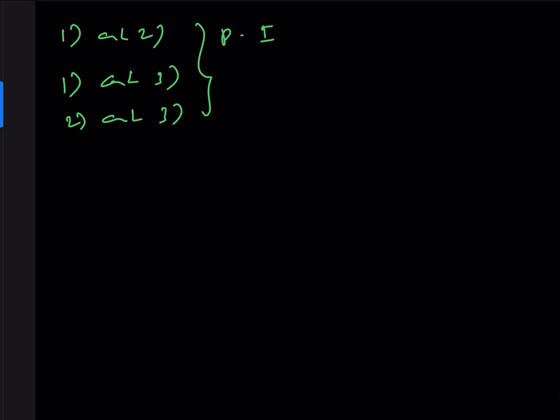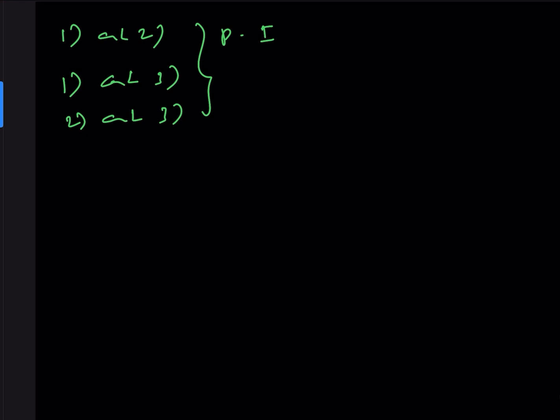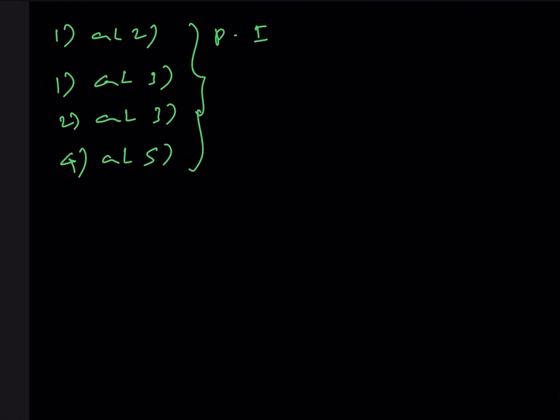All of them are position isomers. How about the fourth one? If we are comparing the fourth one with the fifth one, then we once again have position isomers due to the methyl group this time. So 4 and 5 are also position isomers.